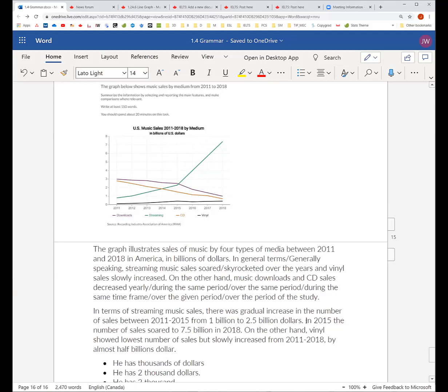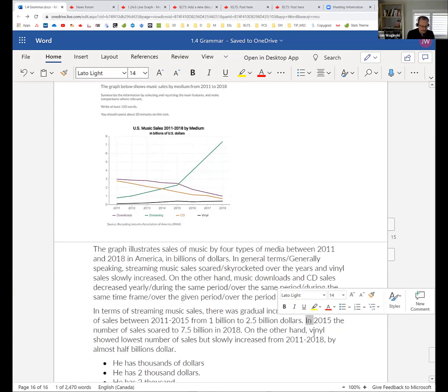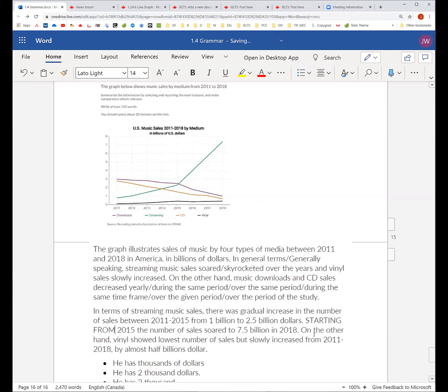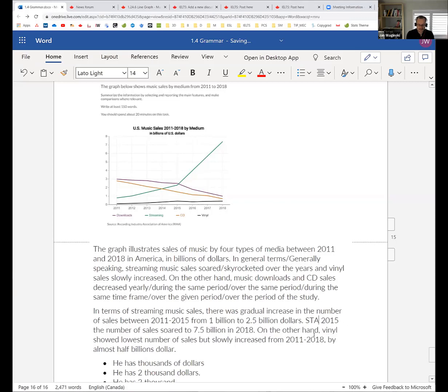After 2015. Okay, so we're going to use the phrase starting from, or we can say between. Oops. Between, no, I think starting from is better given this. And we say after 2015. Yes, after 2015. Yep, that works too. After 2015, comma.